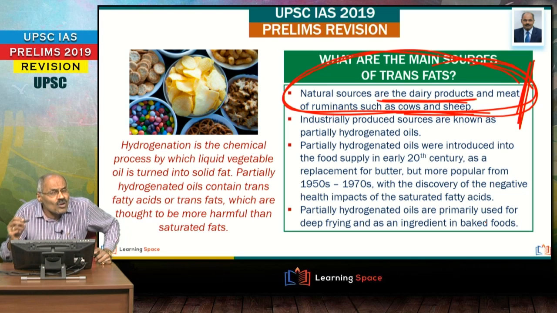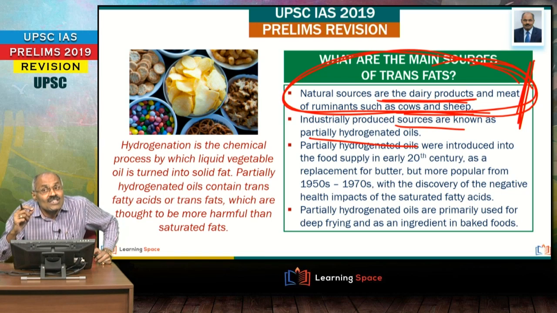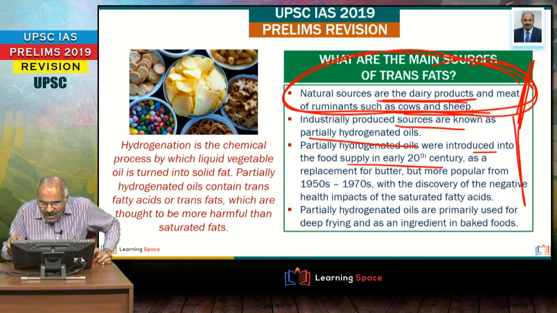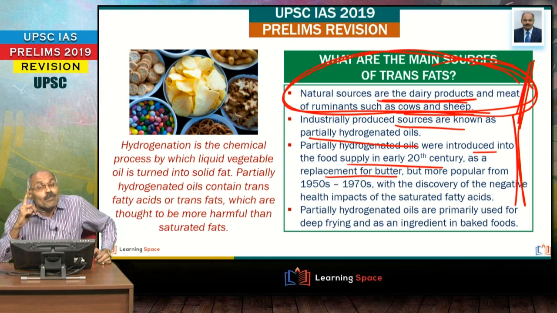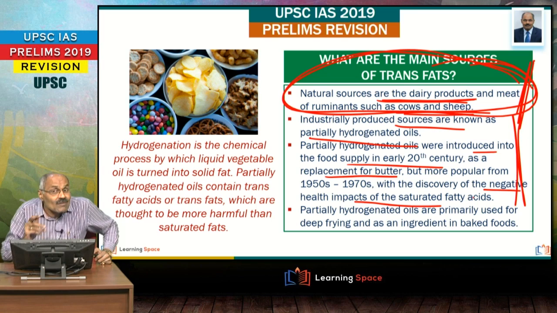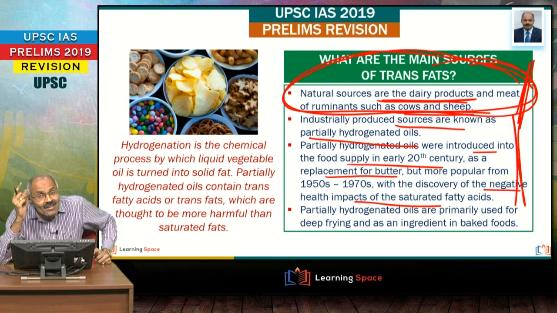But we are more worried about industrially produced sources. These are known as partially hydrogenated oils, and these were introduced into the food supply in the early 20th century as a replacement for butter, and in 1950s, 1970s they were promoted in a big way because at that time it was felt there were negative health impacts of the saturated fatty acids, right?